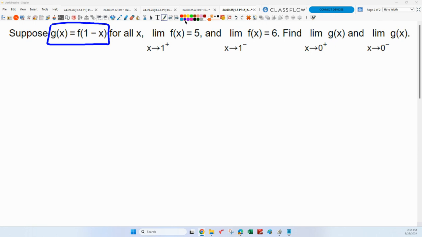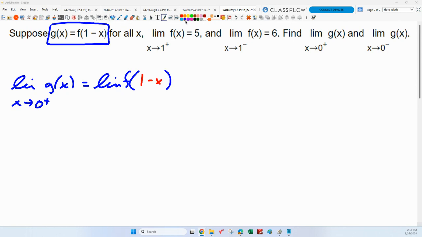So the limit of g of x as x approaches 0 from the right is equal to the limit of f of 1 minus x as x approaches 0 from the right. Agreed? Okay.